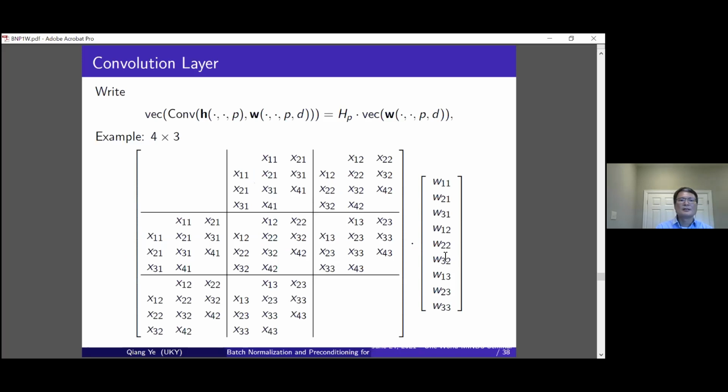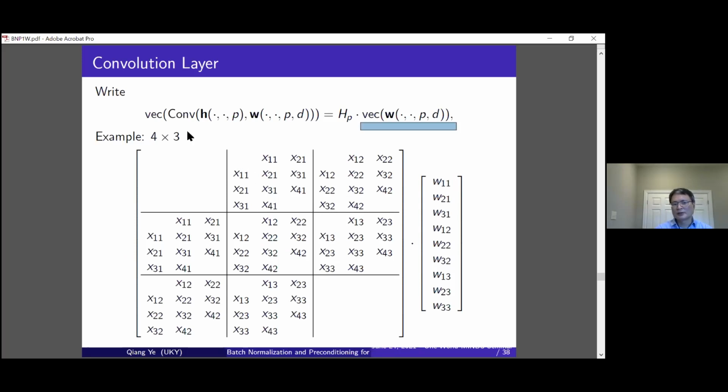Okay, so let's talk about preconditioning for convolutional network. So for one convolution layer, basically everything's the same as before. The key is to write out the Hessian in terms of its dependence on the mini batch. So in that case, we need to write out the output as a function of the weight, in this case, weight tensor.